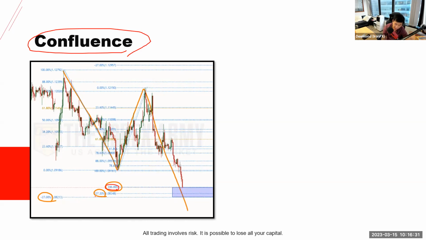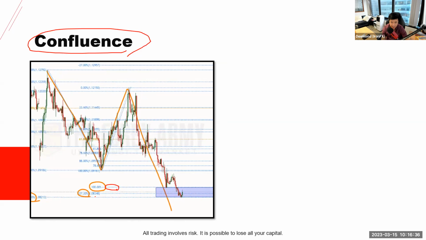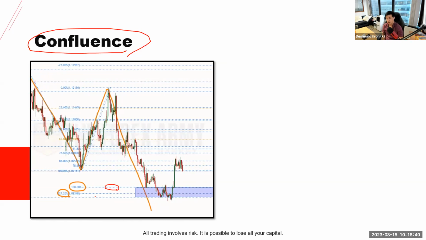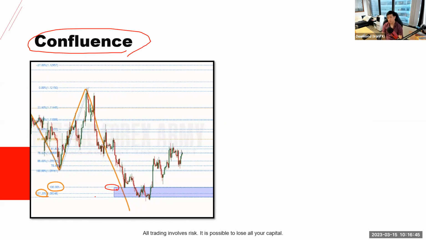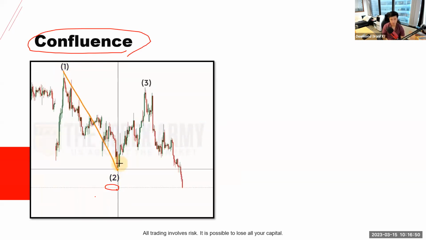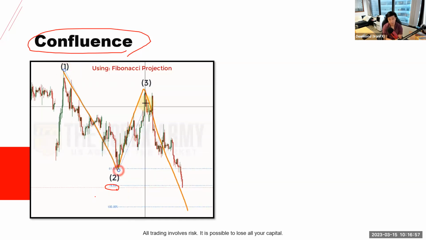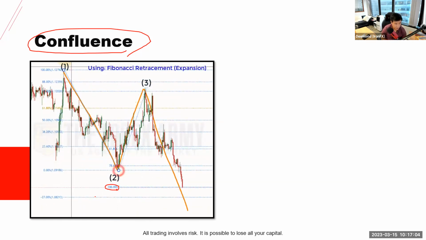You line all of them up together and it creates a nice area. When price tests that area, it tends to reverse very nicely, because you have not only 1, but 2 and 3 reasons why price might bounce from that level. That is the concept of Fibonacci confluence. You don't just use a single Fibonacci to trade it, you combine multiple of them together to execute the trade. Usually it's a reversal trade.